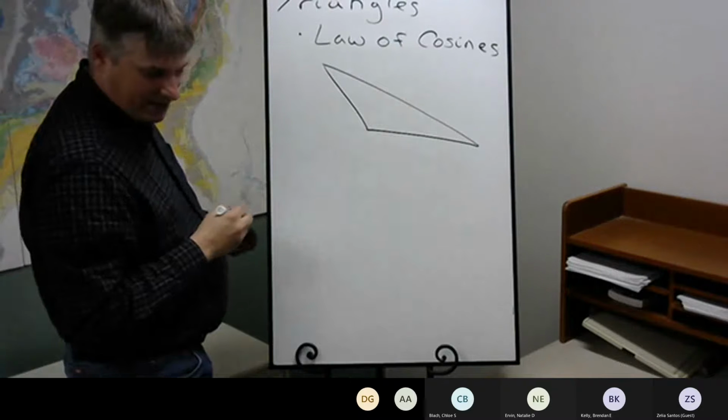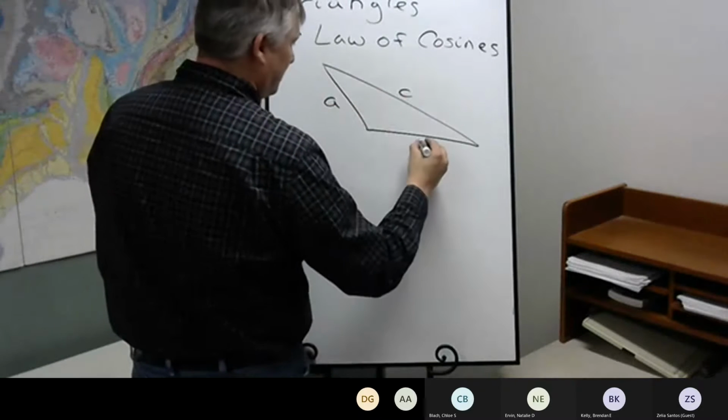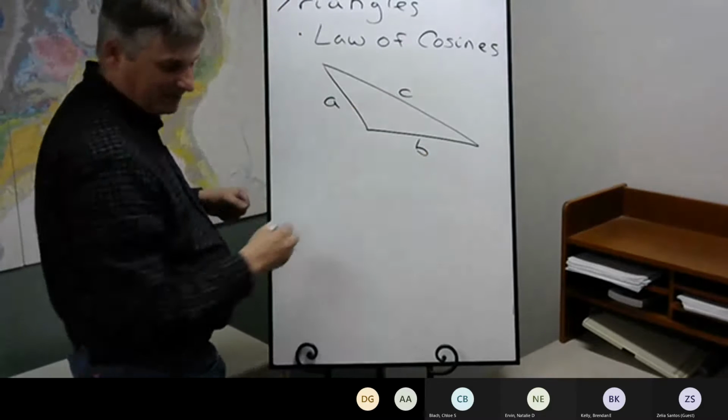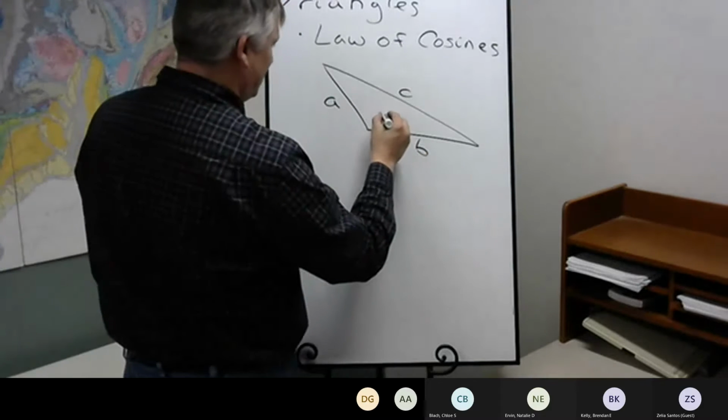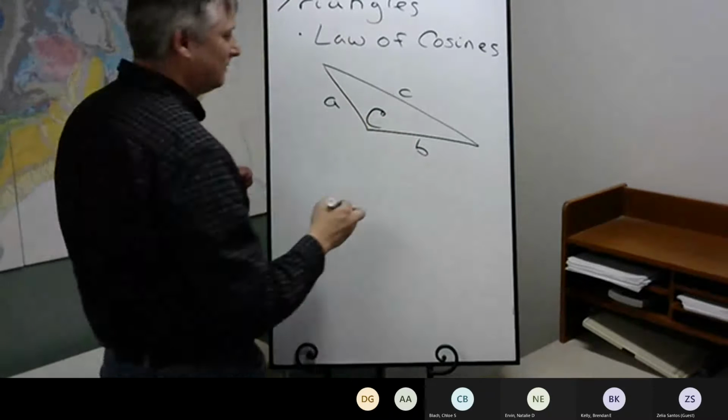So let's say you have sides a, b, c. And this is angle C. I'm going to give a little curly Q to say it's capital.